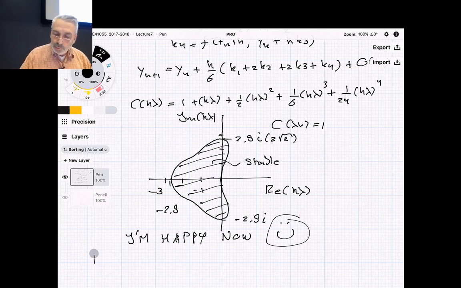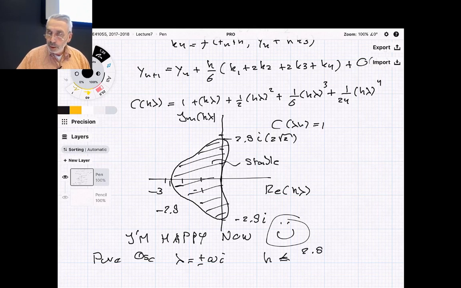So now even for pure oscillatory systems, lambda plus or minus omega times i, I can say that my step size should be less than or equal to 2.8 divided by omega, by this omega. So that is super cool. So now if we use this system, apparently these errors will disappear.